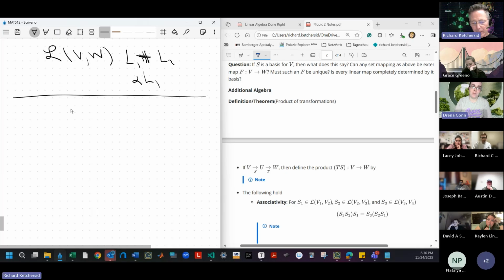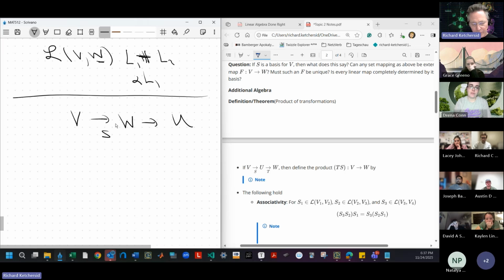And what does multiply mean here? We don't have any multiplication in W, so we can't multiply in that sense. Scalar multiplication, well, no, we've already got that. I'm looking for new things. Yeah, so the multiplication here is composition, right?